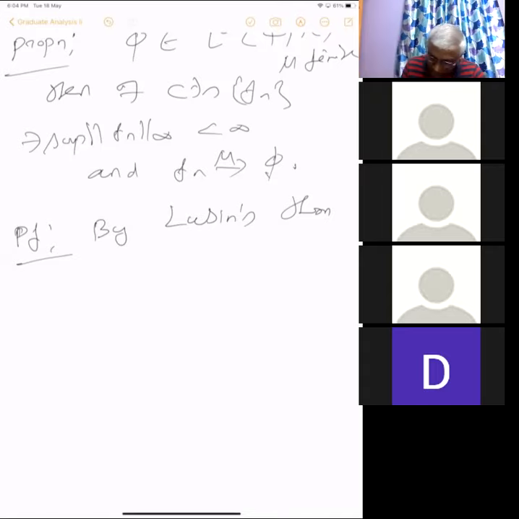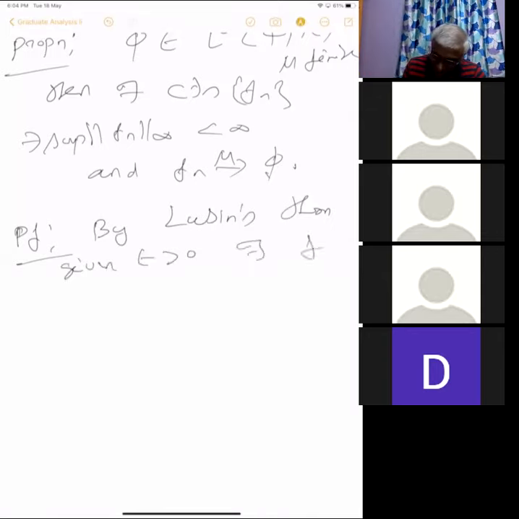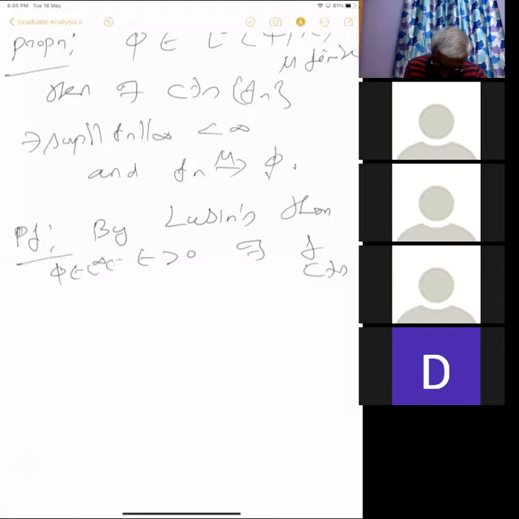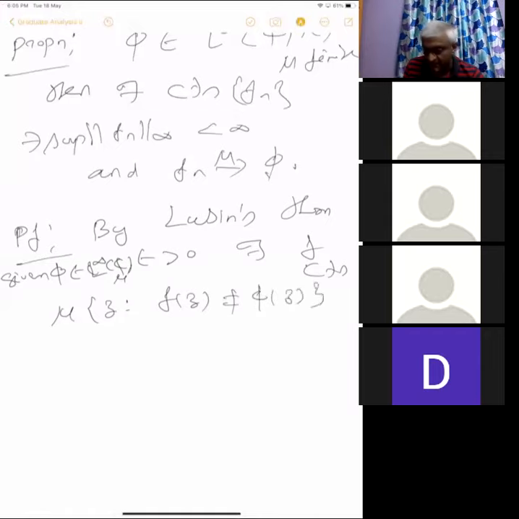So by Lusin's theorem, given phi in L infinity of C with respect to that mu and epsilon greater than 0, there exists a continuous function f such that mu of the set of all z such that f of z is not equal to phi of z is less than epsilon. This is what Lusin's theorem says.